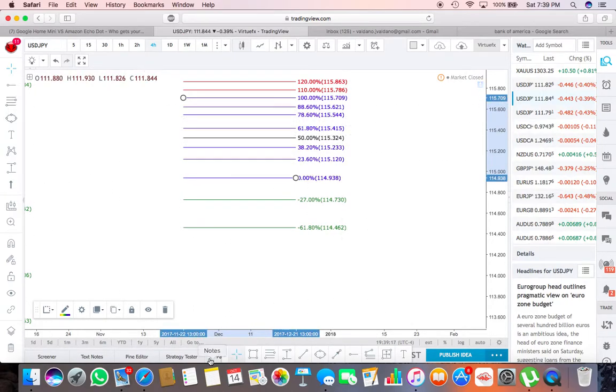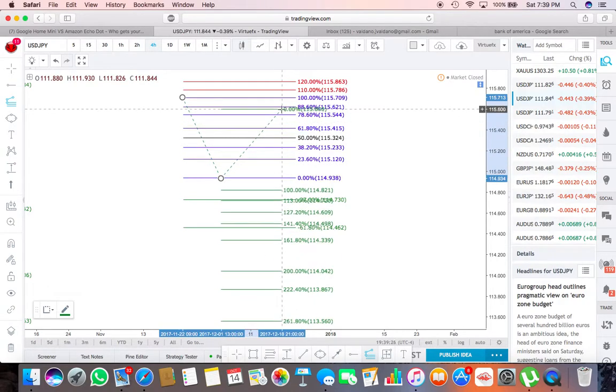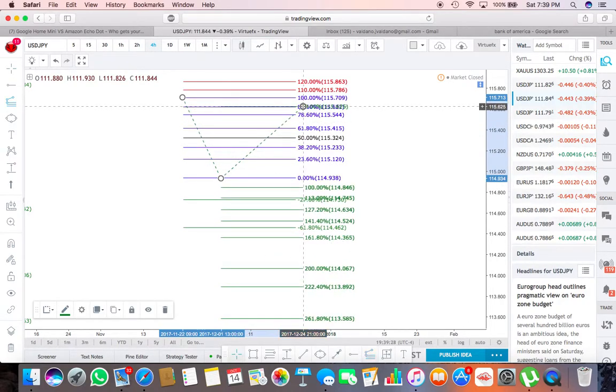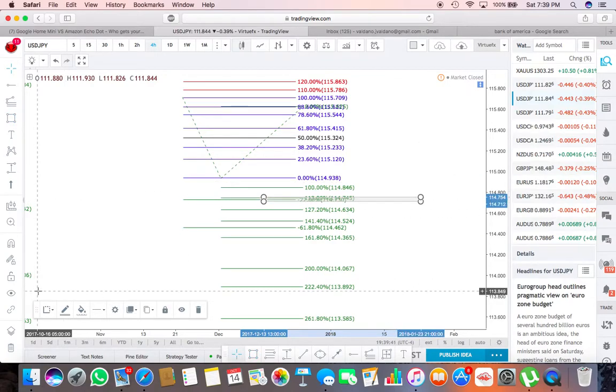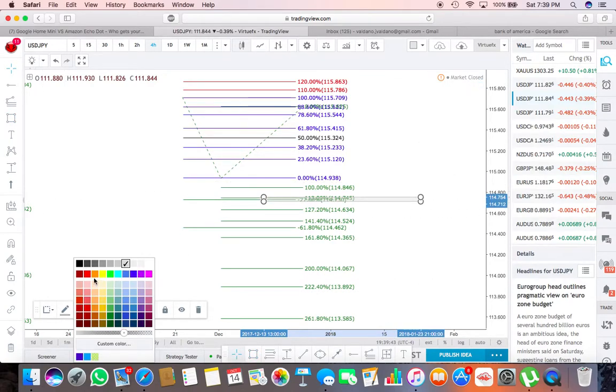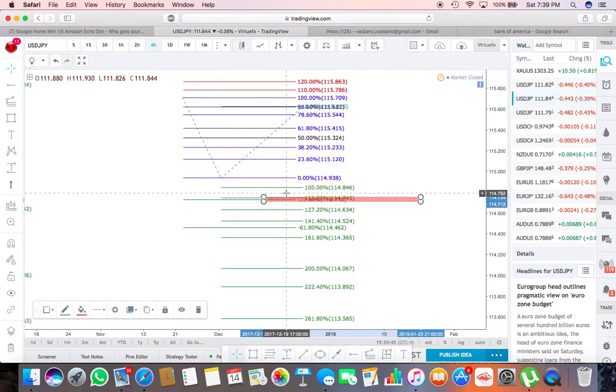So you get your extension tool, point A to B, back to 88.6, and your take profit will be at 113%, which is right there. You see, you got a confluence right there with minus 27. So take profit will be right there, 113%.